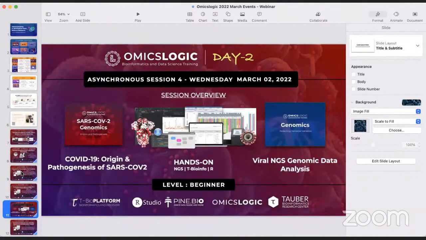After all of those sessions on day 1, as participants, many of you who join these workshops will be exploring.